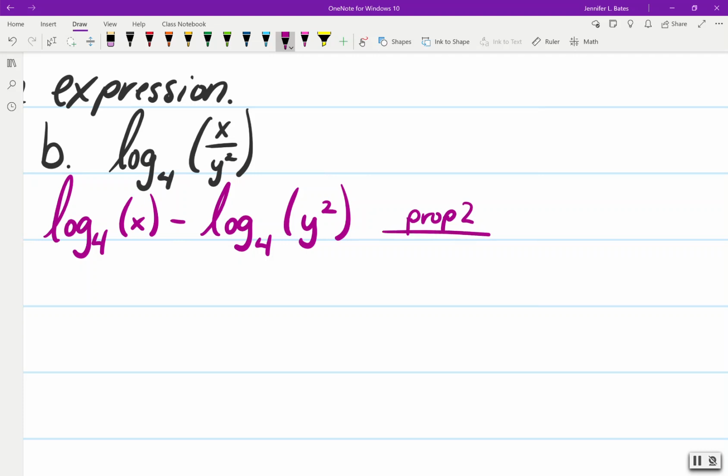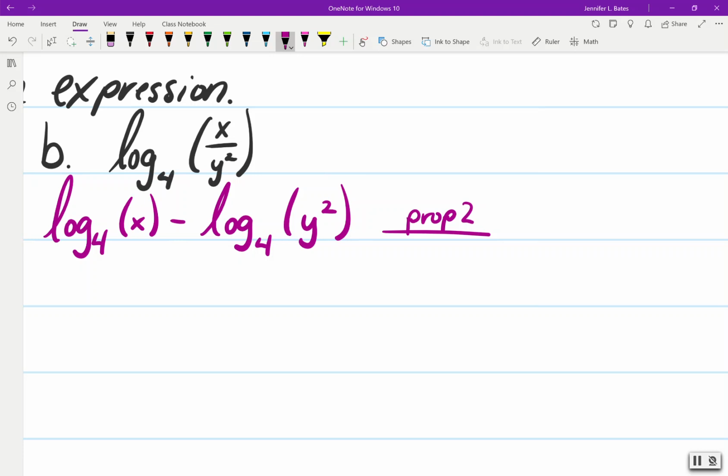Now, when we expand expressions, we are also going to take any exponents we have and move them. So we happen to have a y squared, and I want to move the 2. Which log property says that I'm allowed to move the 2? Take a look up at the board or at the top of your notes. Good, most of us have it. Log property 3.